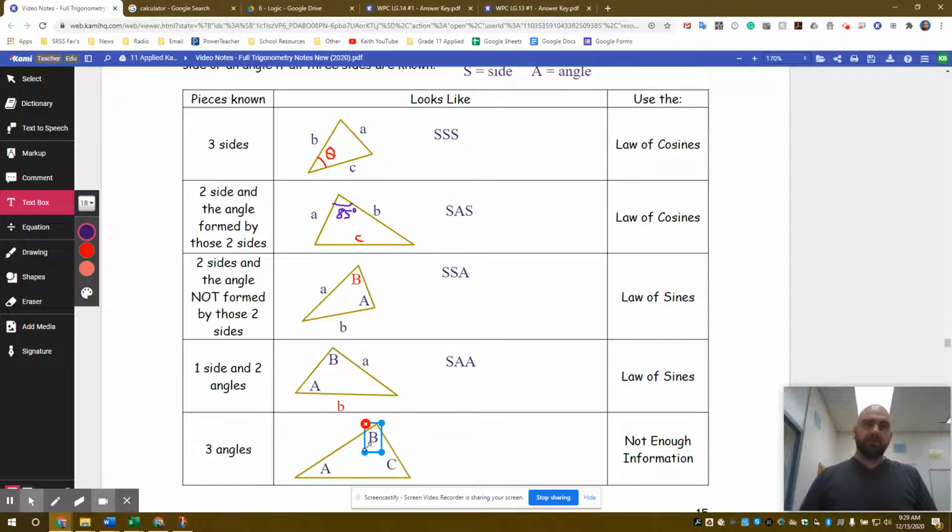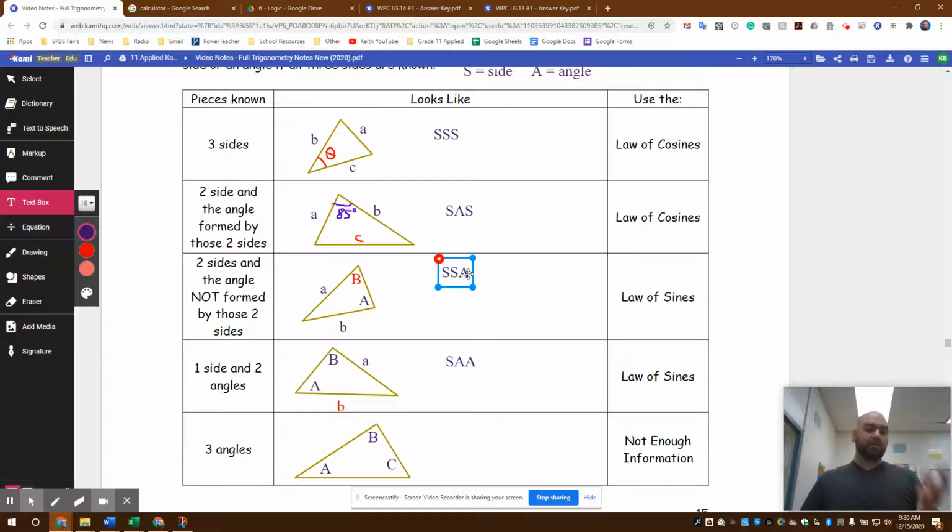So this is a little breakdown of what law we can use in each case. Number one, remember that if we have a right angle, we can use any of our trig ratios, sine, cos, tan, whichever one. And if that's where you're most comfortable, use those. If we have all three sides, law of cosines. If we have an angle that's surrounded by two sides, law of cosines.